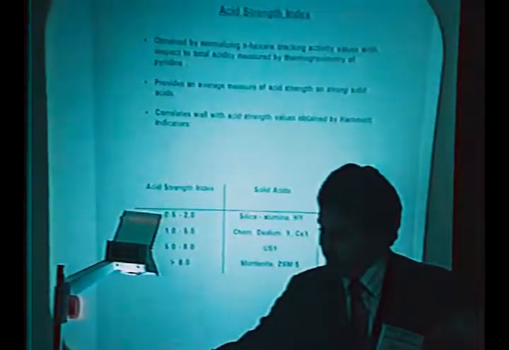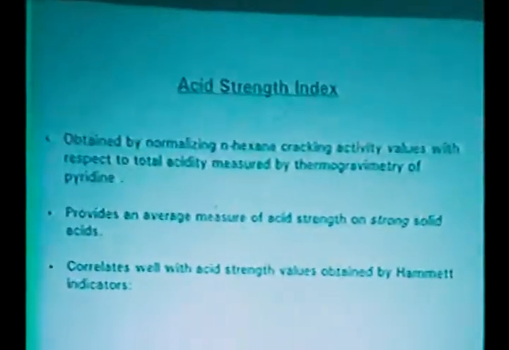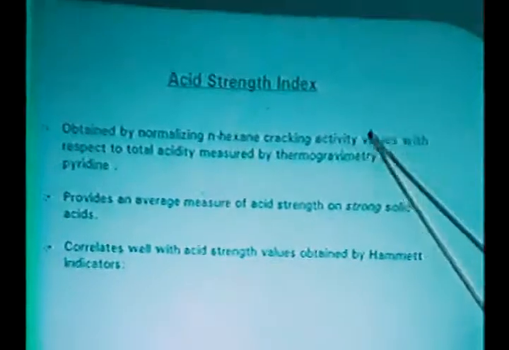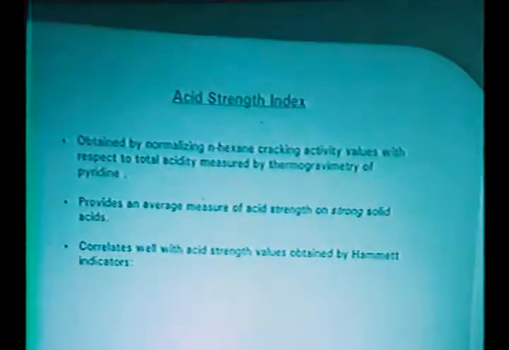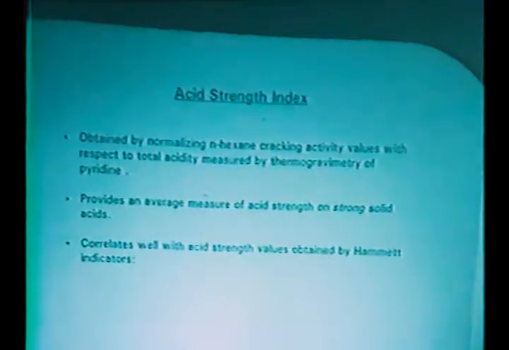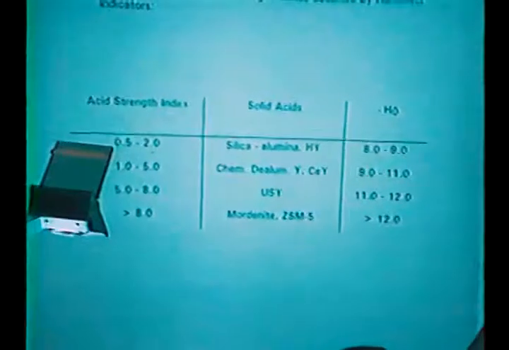So we made a bold attempt in trying to combine these two sets of data, and we normalize n-hexane cracking activity values with respect to total acidity obtained from pyridine, and the value you get is like a turnover frequency type value, which we think is directly related to strength.